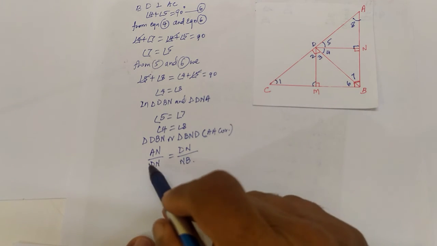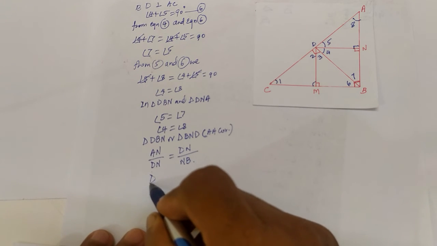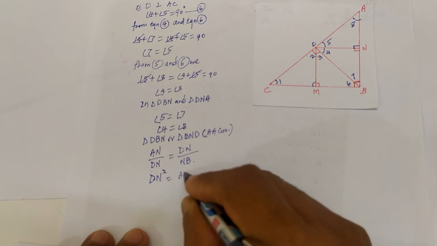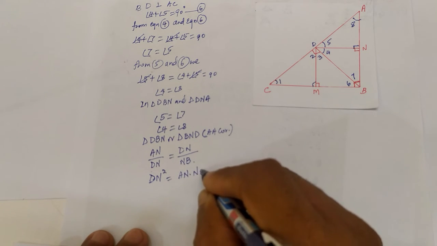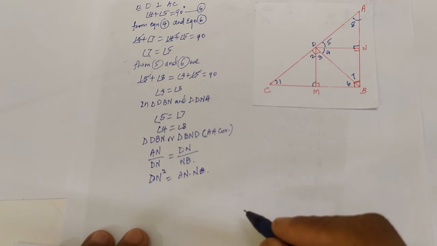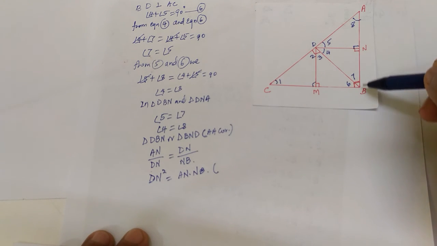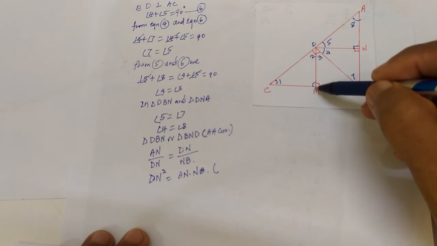So we will cross multiply, that is DN square is AN into NB. But this NB we have proved as DM.